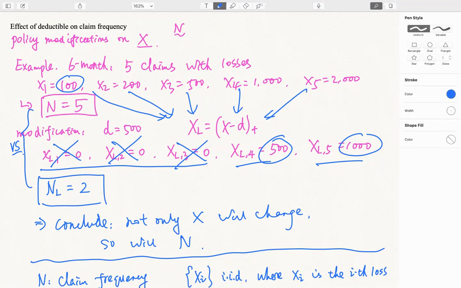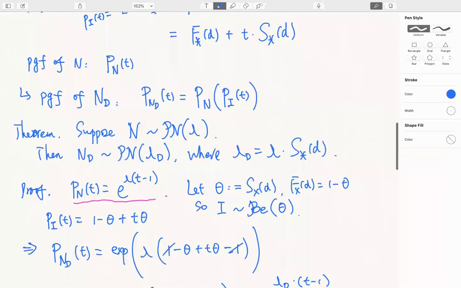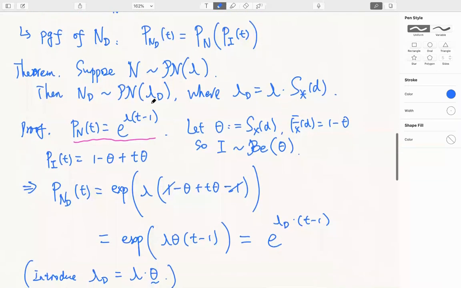And by a quick deduction, I know that the mean of my N_D will be the previous one times the probability of seeing a claim bigger than D. That explains why in this very important theorem, this parameter is exactly the mean of N_D, which is equal to the previous mean times the chance of seeing a claim larger than D. So that's the interpretation of this result.